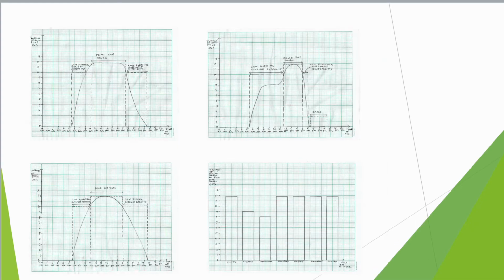And this continues from the previous one, which is Thursday, Friday, and Saturday. So the last graph is for the voltage of the solar panel in 1 week.